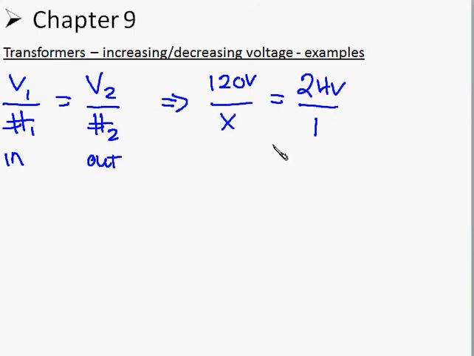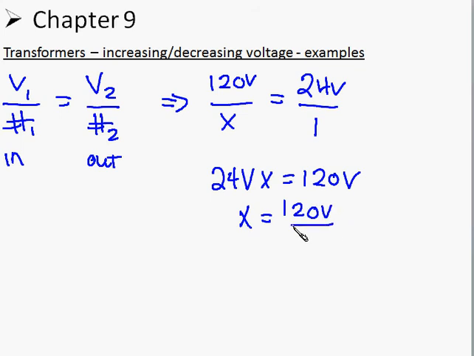So then you solve normally. You have just 24 on this side and 120 on this side. So you end up with 24 volts times X equals 120 volts. So what I did, I just multiplied X onto that side. And then you can divide. So you have X equals 120 volts over 24 volts.